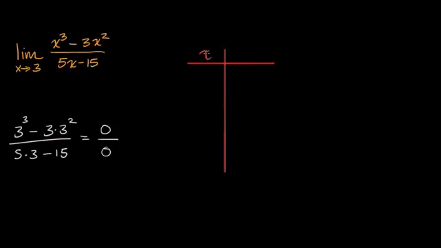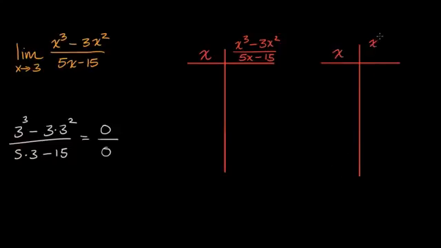So this is x, and this is (x^3 - 3x^2) / (5x - 15). And I'm going to do that again, and I'll tell you why in a second. So this is x, and this is (x^3 - 3x^2) / (5x - 15).